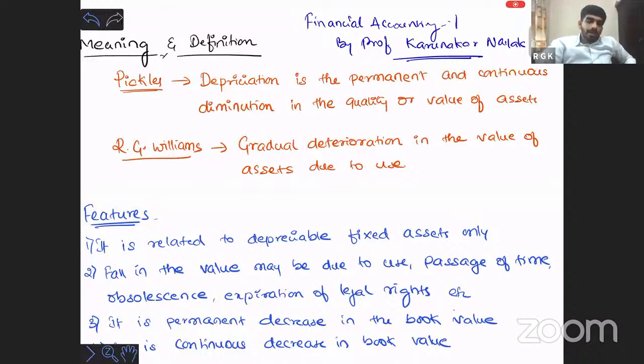I park it in my garage. I did not use the car for the next 2 years. After 2 years, I take the same car to the same showroom and sell the car. Will I be able to get 7 lakh rupees itself? Will the car fetch me 7 lakh rupees if I sell it after 2 years?